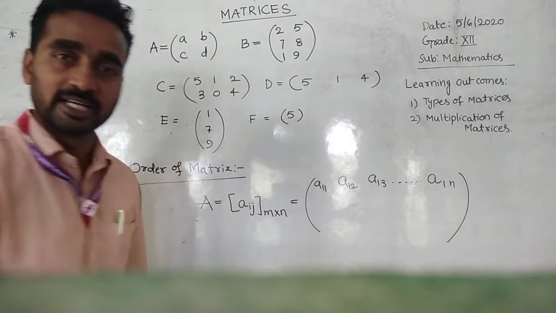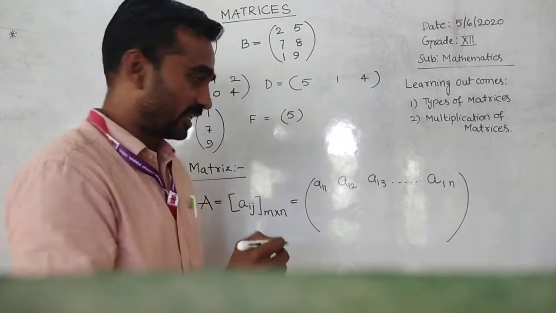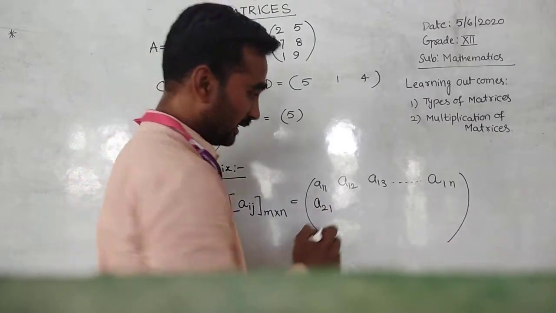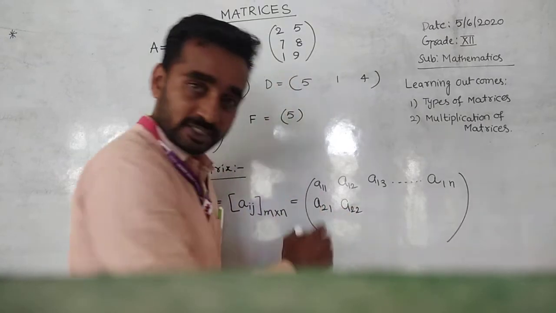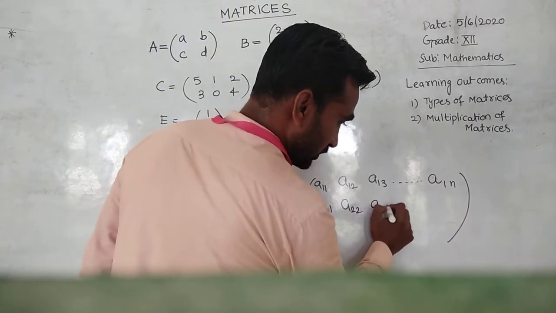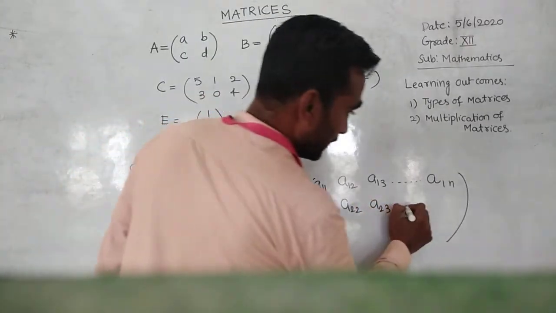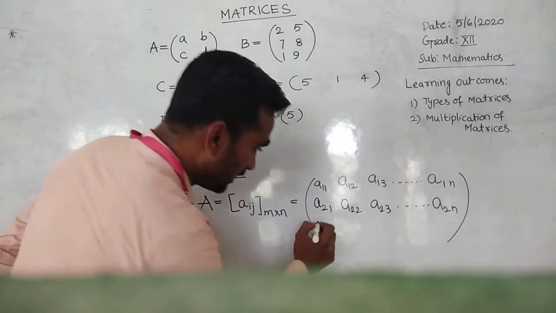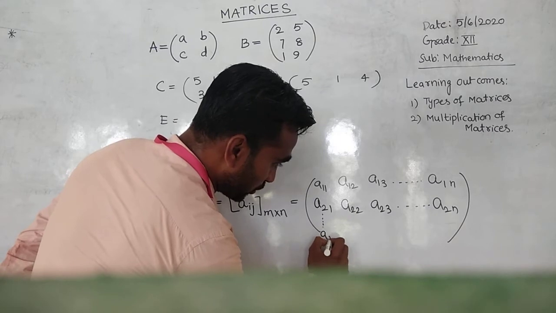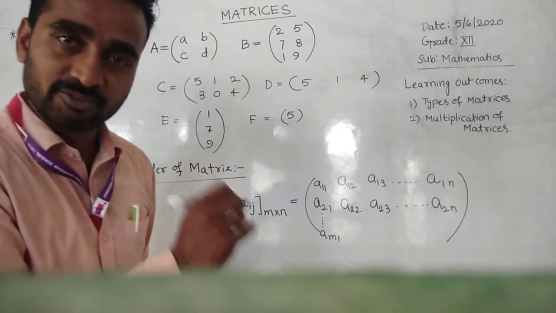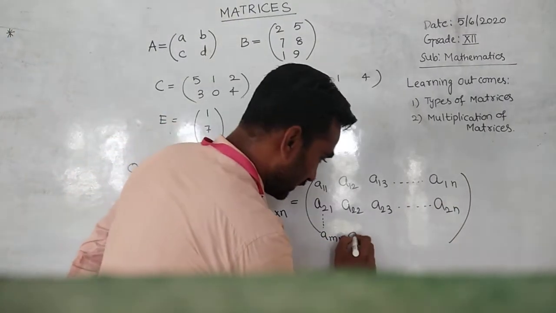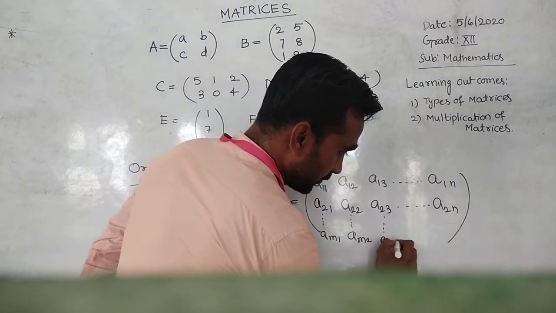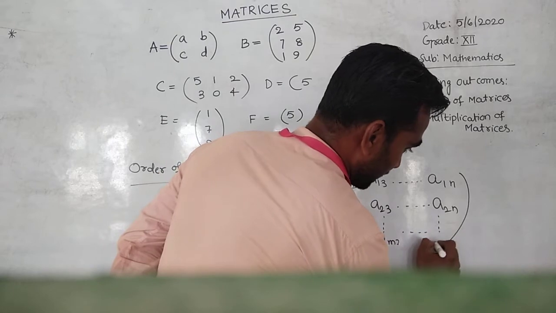Similarly a21 second row first column, a22 second row second column, and a23 second row third column, up to a2n. Similarly up to the last row, the mth row: am1, am2, up to amn.